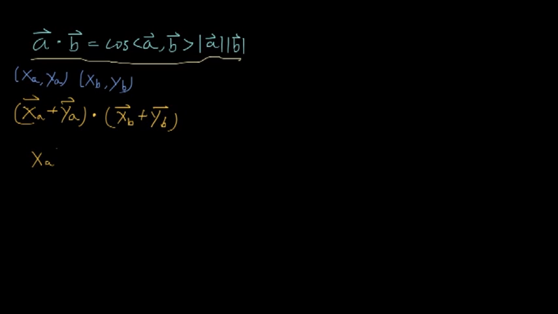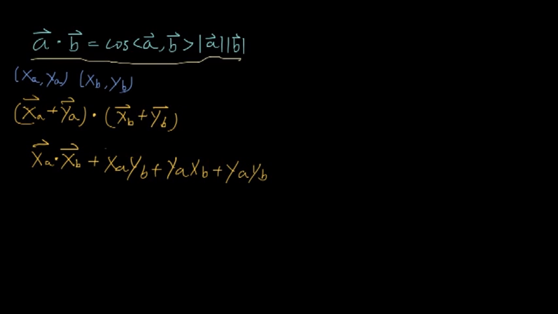So that means we can deconstruct it further into this XA dot XB. They are all vectors, by the way, so far. And then we have XA YB. I'll write the vector symbol later, it's just faster this way.